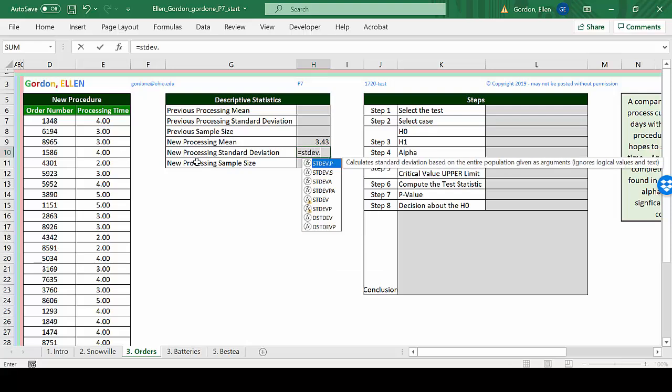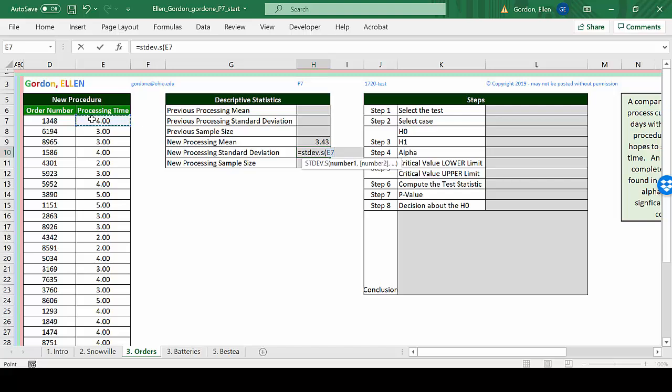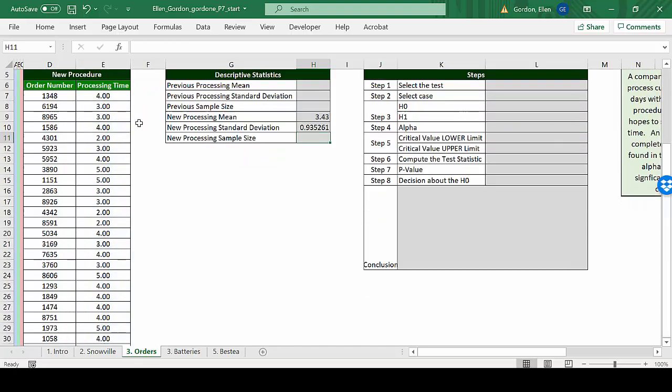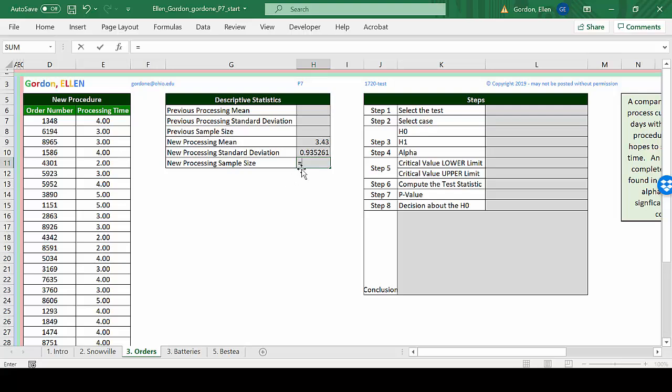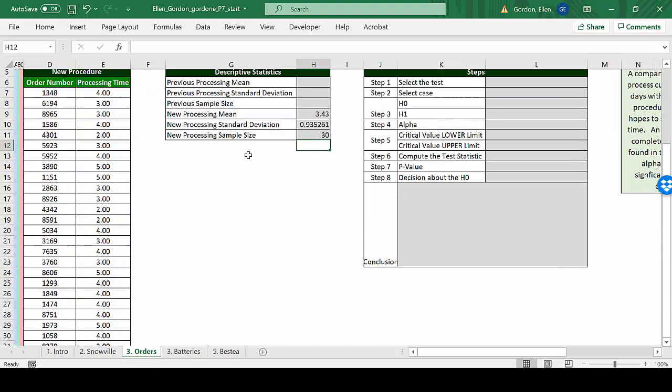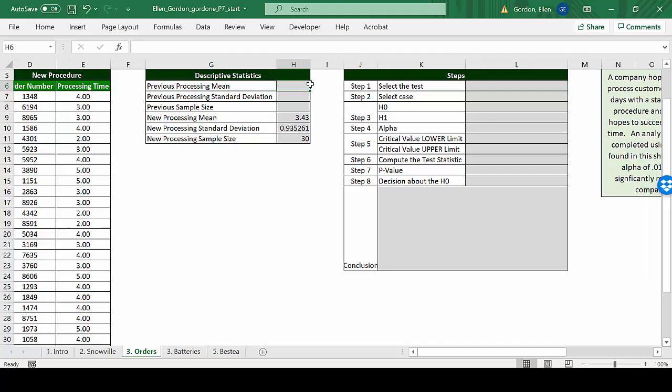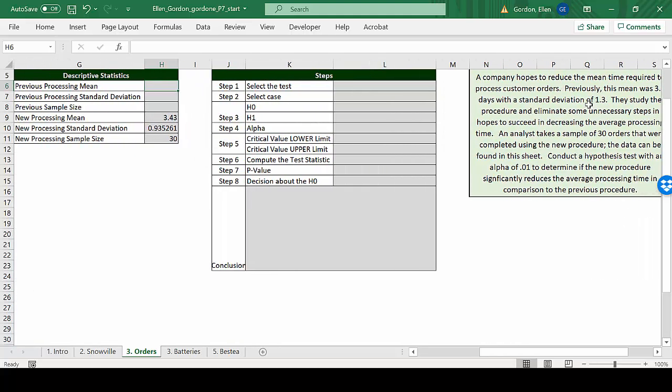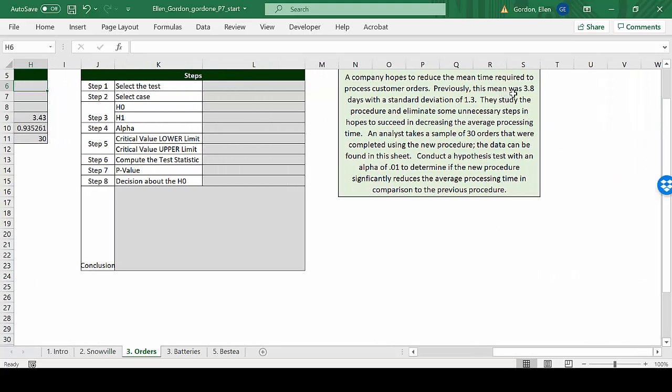Remember, for the standard deviation function, we use .s because it's sample data. And for the sample size, we can use the count function. The previous processing mean was provided in the research description. The mean was 3.8 and the standard deviation was 1.3.